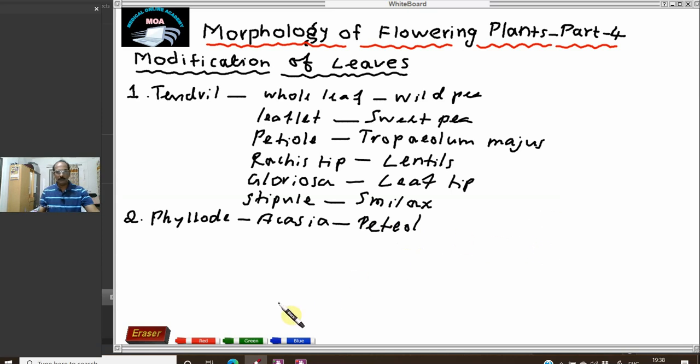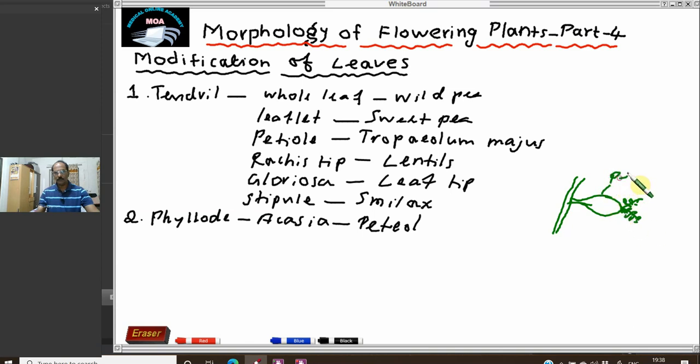See, suppose this is the acacia plant. In the acacia plant, the leaf petiole is enlarged and becomes a leaf-like structure. The original pinnately compound leaf you can see here at the apex. This enlarged part, which looks like a leaf, is actually the petiole.